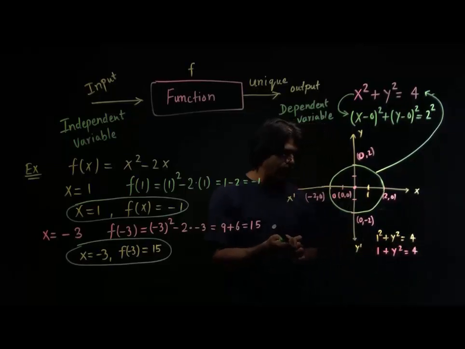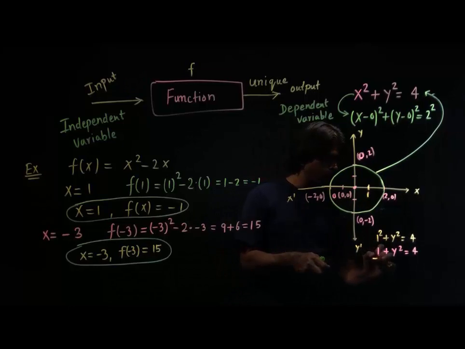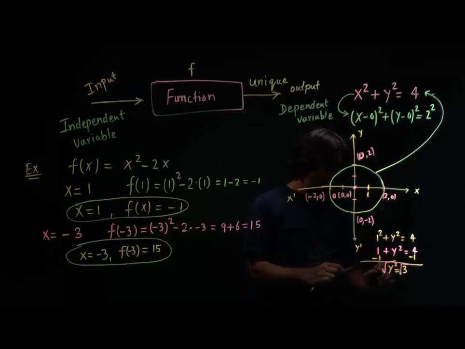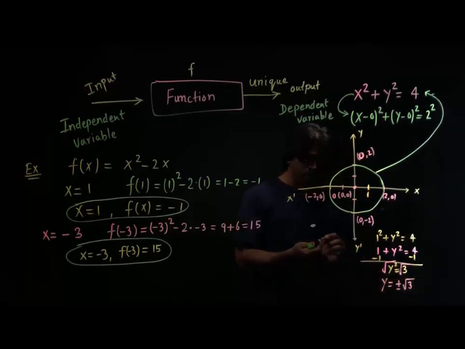I want to find the value of y, so I'm going to subtract 1 from both sides. And as you can see, I have y squared is equal to 3, which gives me what? If I want to find the value of y, I will take the square root on both sides. And if I do that, I will get y is equal to plus minus root 3.